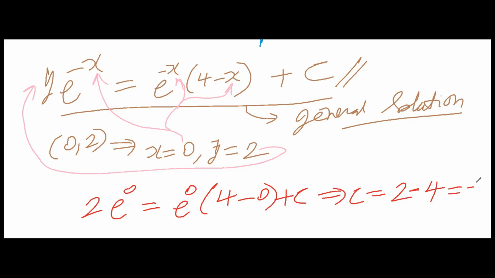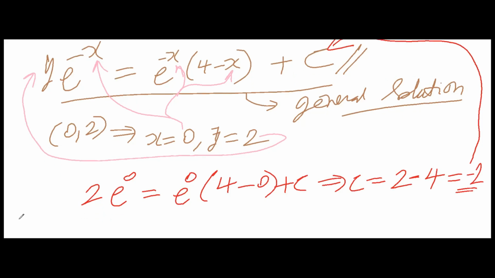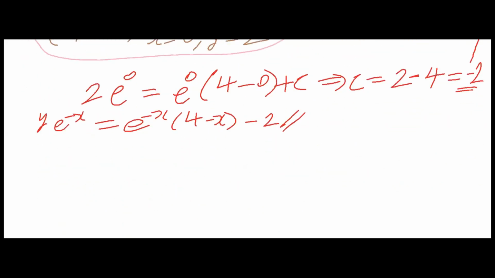So the answer is minus 2. This c value, minus 2, I will substitute here to get the particular solution. So y e to the power of minus x is equal to e to the power of minus x times (4 minus x), minus 2. This will be my particular solution and my final answer.